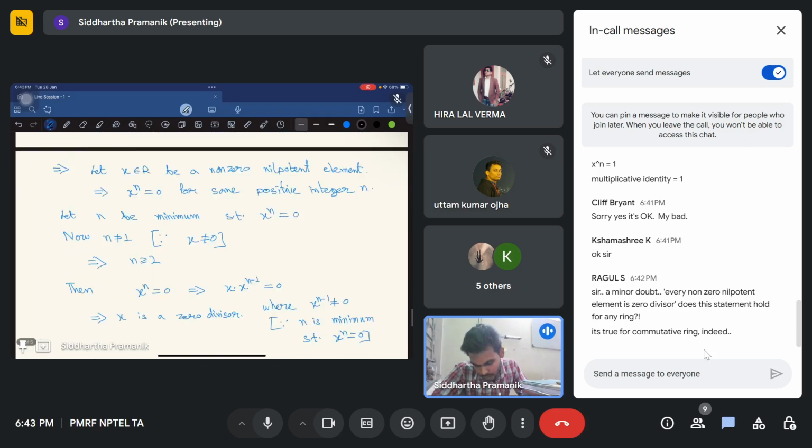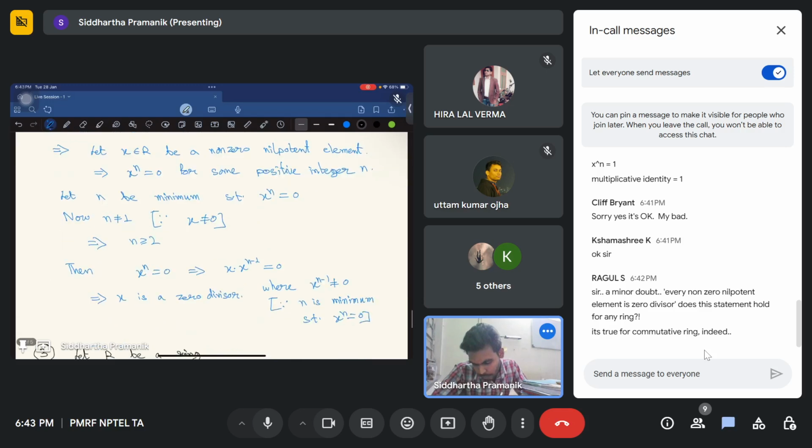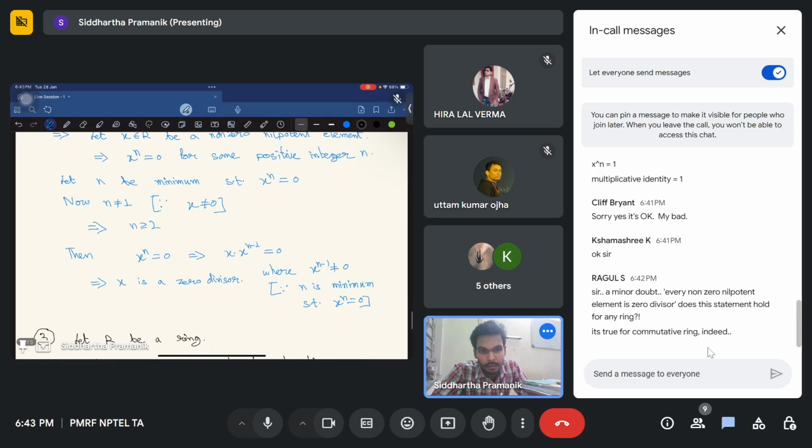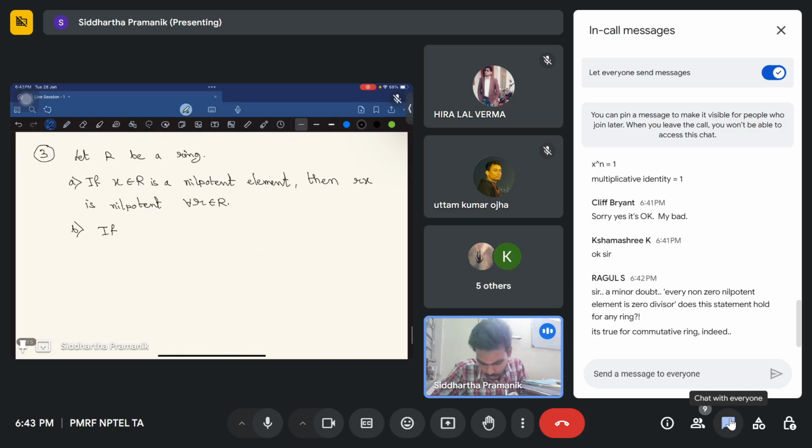I don't think we need commutativeness for that, because powers of x always commute with itself. By the way, let's not talk about non-commutativeness, because here we are only taking commutative rings. If you have further doubts, you can ask in the end. I don't mind.